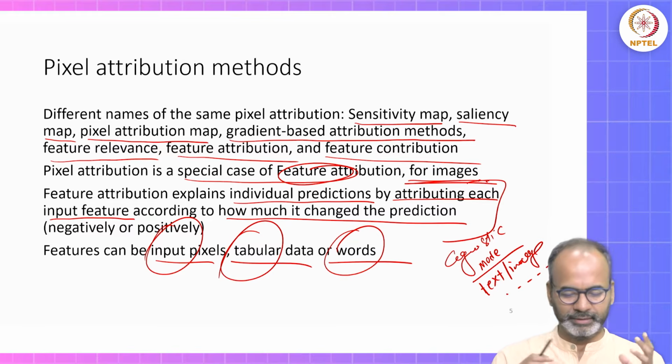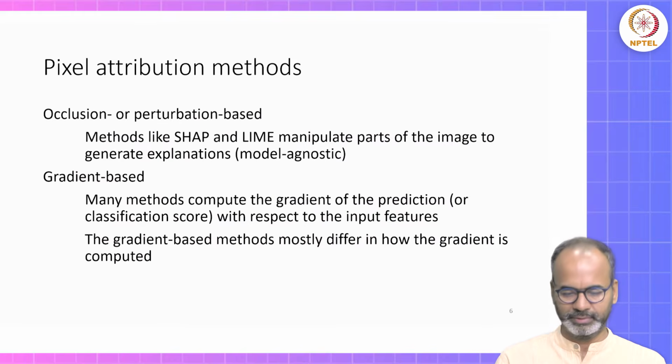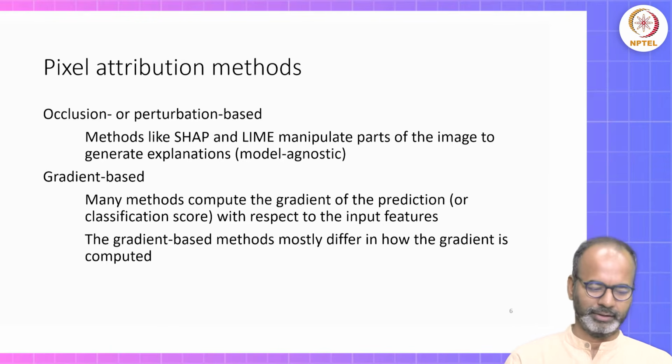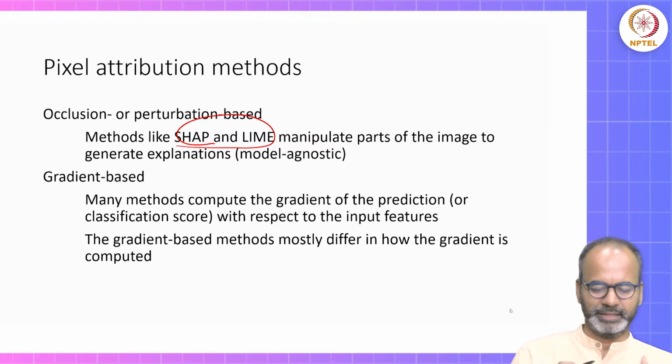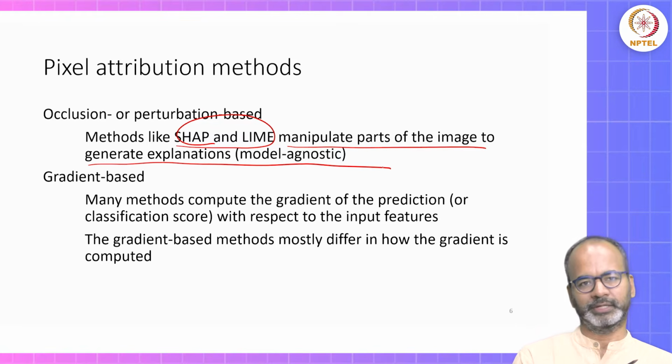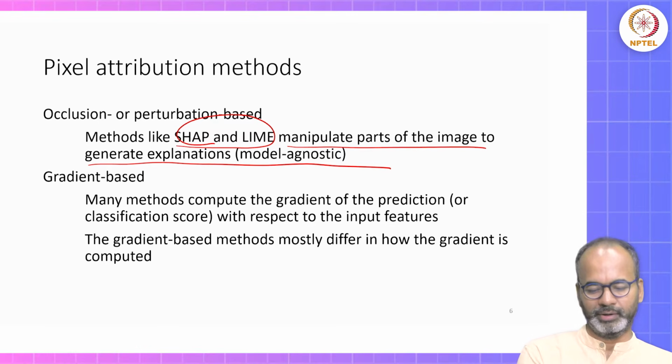So that's pixel attribution. We'll continue looking at some methods in pixel attribution itself. Occlusion or perturbation based methods, in this case SHAP and LIME, which we will see in detail after a bit. Methods like SHAP and LIME manipulate parts of the images to generate explanation. It doesn't bother about the model.